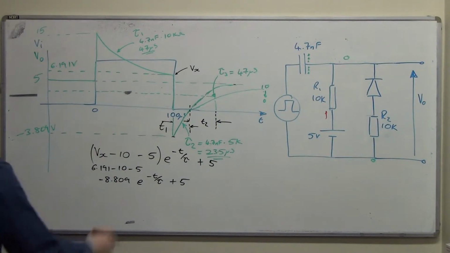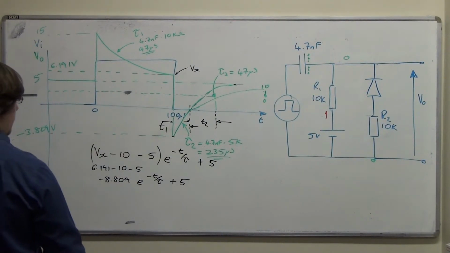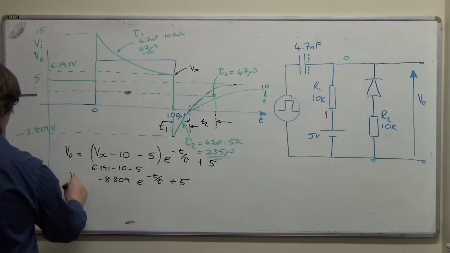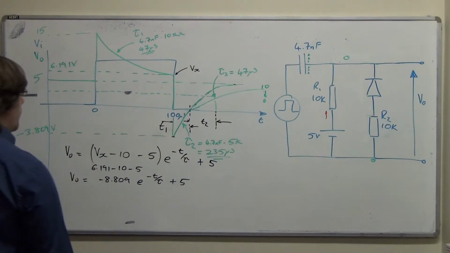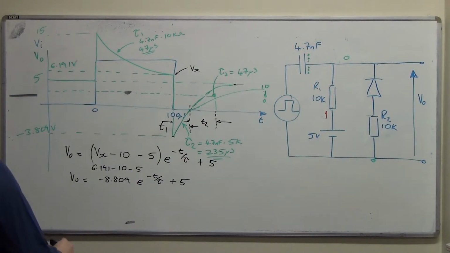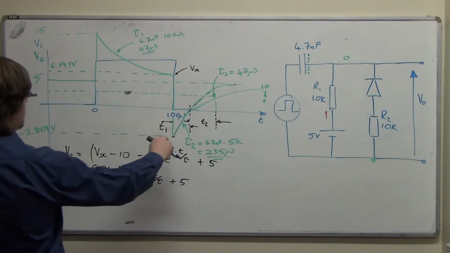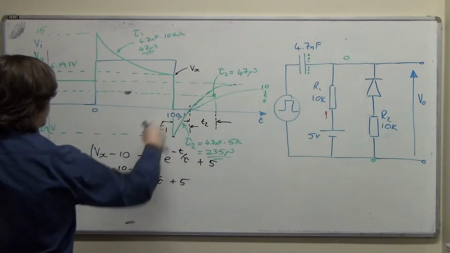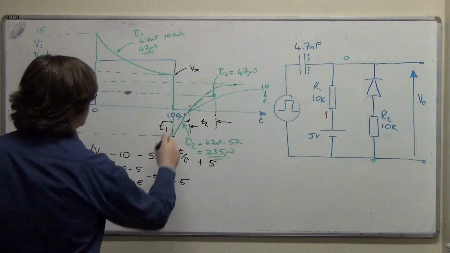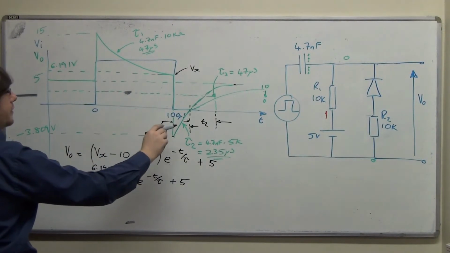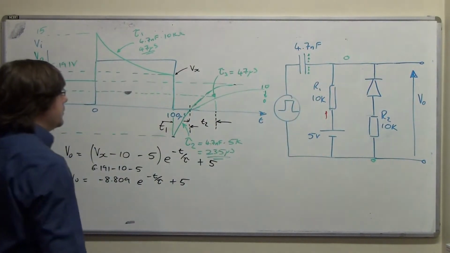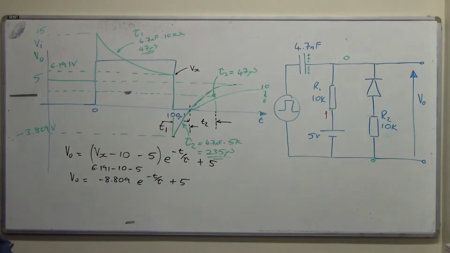Then we need to get T1 out of this somehow. All of this is VO, should we say. We're heading for the situation where VO is 0, because that's the amount of time we're interested in here. It's where it crosses the axis, because that's where this exponential becomes invalid and the new exponential, composed only of R1 and C1, takes over.